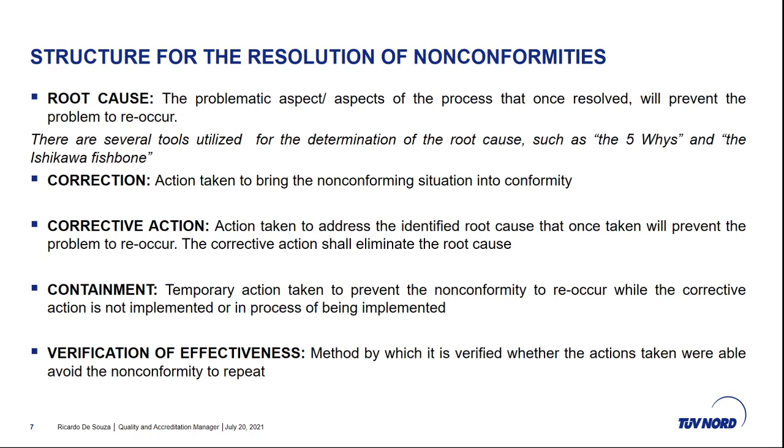And if we find, okay, nice, this next batch has the correct component, then we say our action was effective because now the operator knows exactly what he's supposed to do. So this is how we address nonconformity.